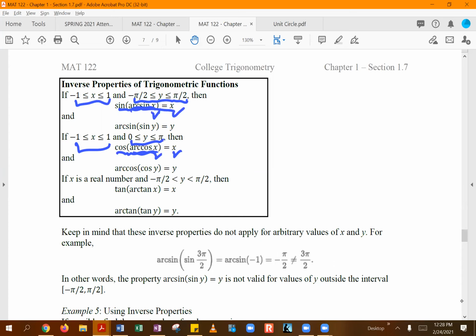You can switch that order of your functions, with arc sine or arc cosine on the outside and sine or cosine on the inside. In this case, it's the same thing. Whatever y value you start out with for the inside function should be the final answer when you do the composition. Same thing over here with the arc cosine and cosine of y equals y.